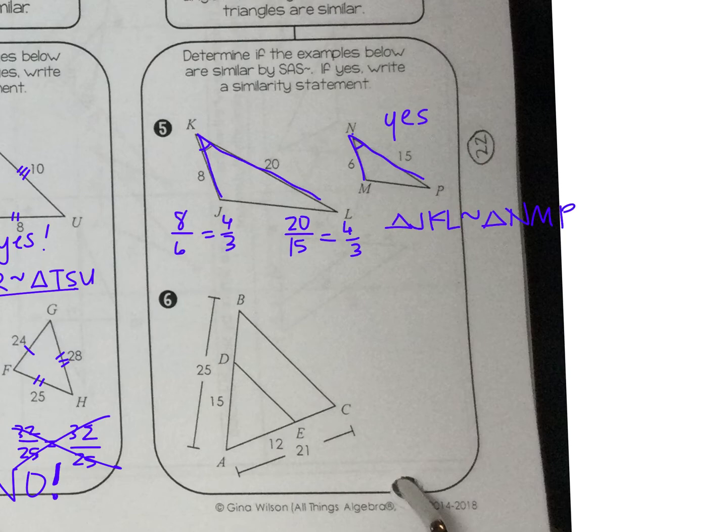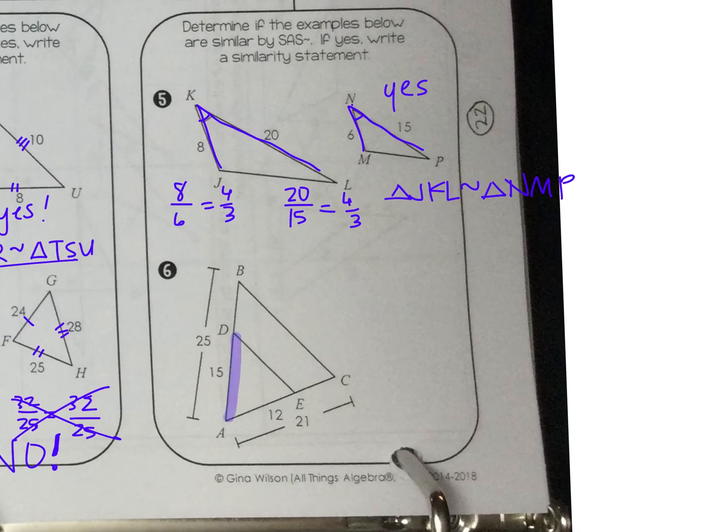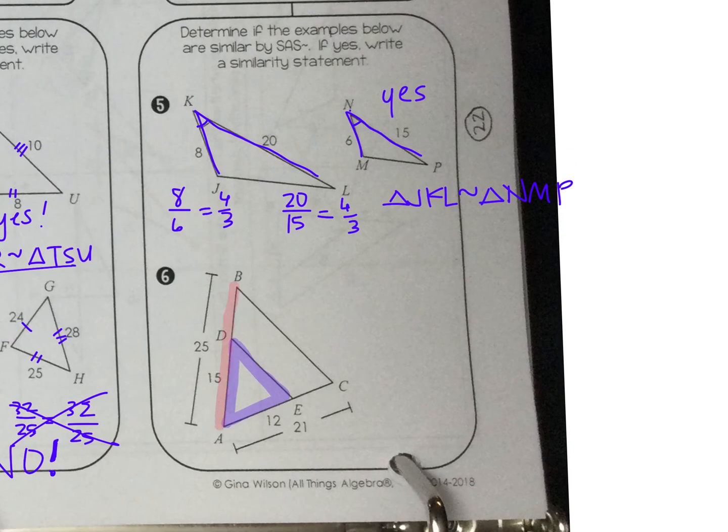Okay. This next one, I'm going to put a little color on so it'll make sense. So I've got this little triangle right here, and then I've got this big triangle right here. The reason it's an angle-side-angle is because both the purple and the red triangle have that angle in it. And I've got side information on both of them.